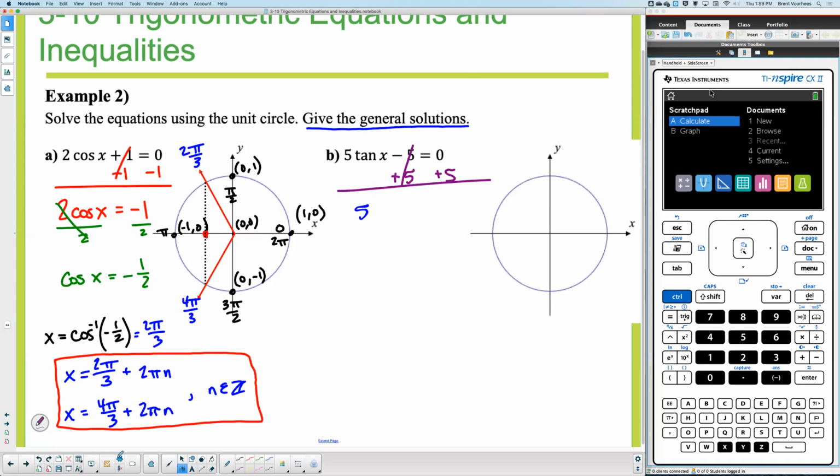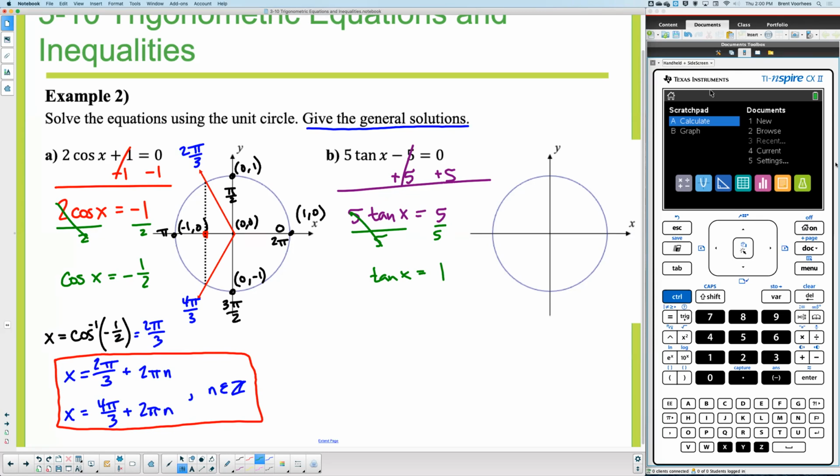I got 5 tangent equals 5. All right, now what? We're going to divide by 5. So when we divide by 5, we get that tangent x equals 1.